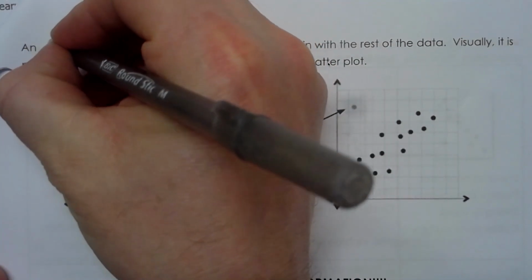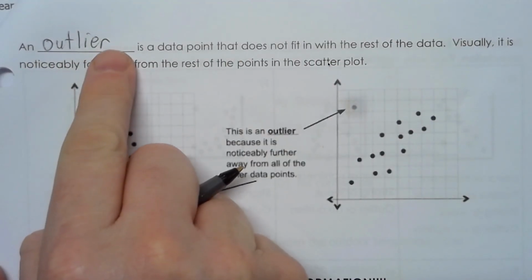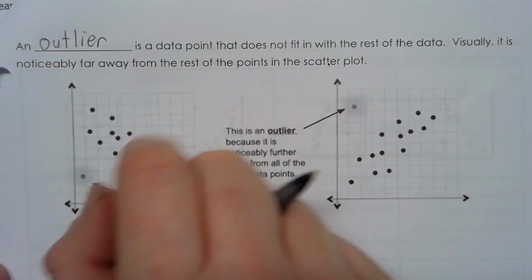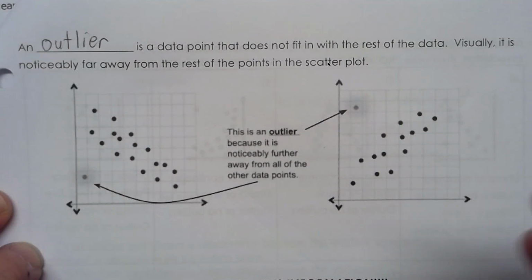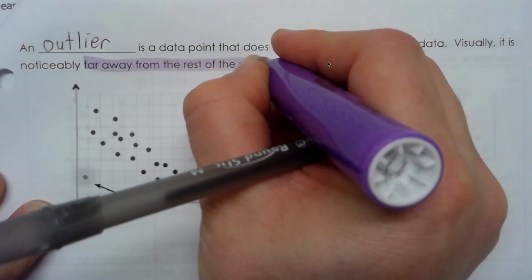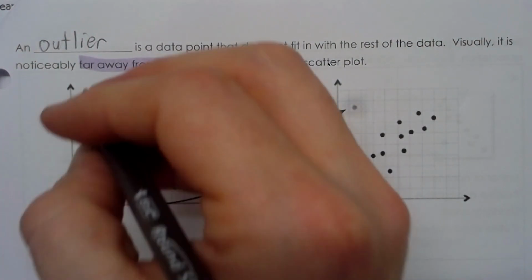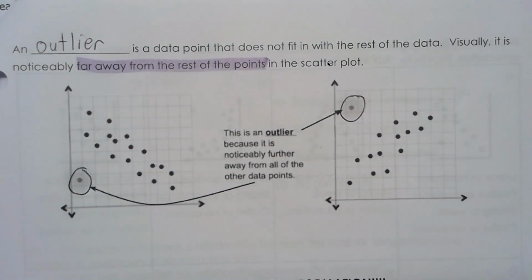Because we have outliers. So an outlier, L-I-E-R, is a data point that does not fit in with the rest of the data. Visually, it is noticeably far away from the rest of the points in the scatter plot. So I have an outlier here, and I have an outlier here.